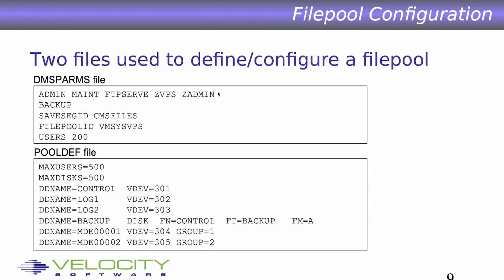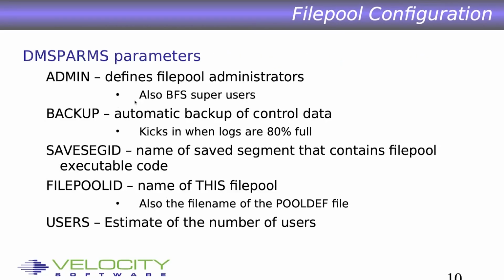There are certain commands that admins can issue that non-admin users can't. So if a virtual machine has to have ultimate control over the file pool, like in this case our zadmin virtual machine, then you would add them to the admin list.